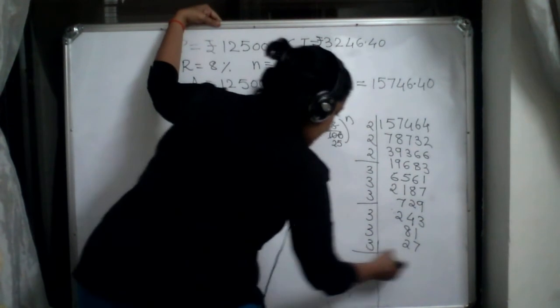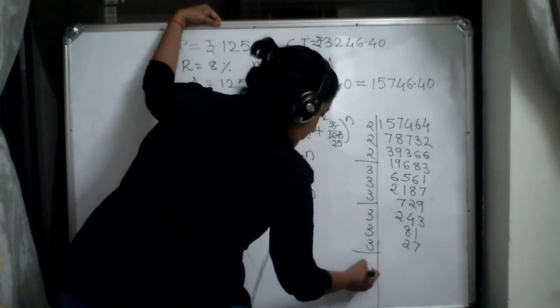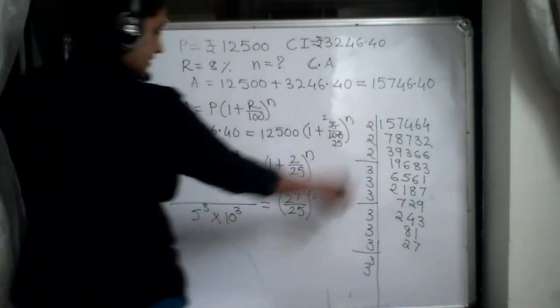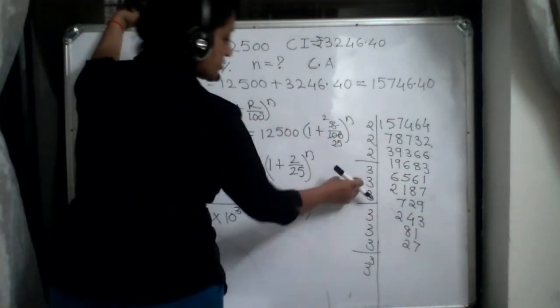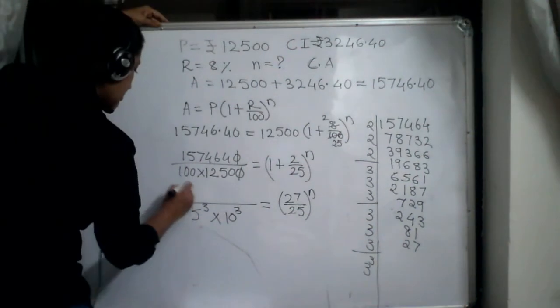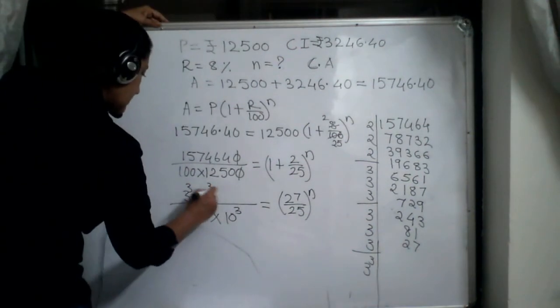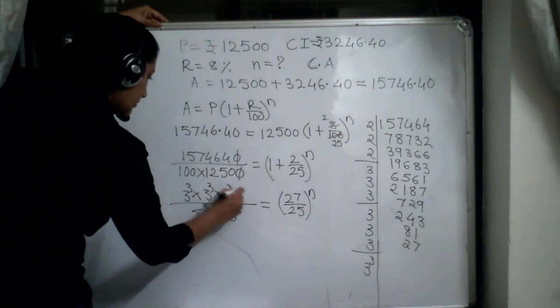Now when it is 27, you know that it is cube of 3, so I'm writing it directly as 3 cube. Now it can be written as 3 cube into 3 cube into 3 cube into 2 cube.